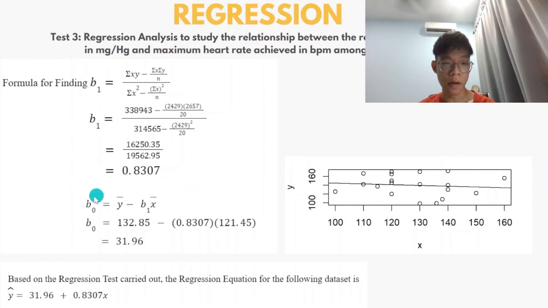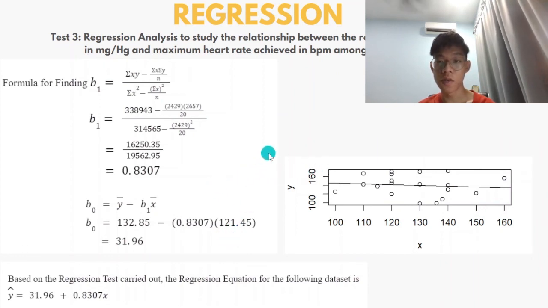And next will be the B0. For B0, the value that we have to find is y bar minus B1 multiplied with x bar. Hence for B0, the value will be 31.96, as y bar is 122.85, and B1 multiplied with x bar is 0.8307 multiplied with 121.45.